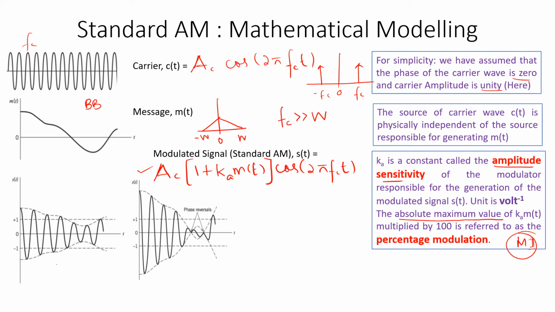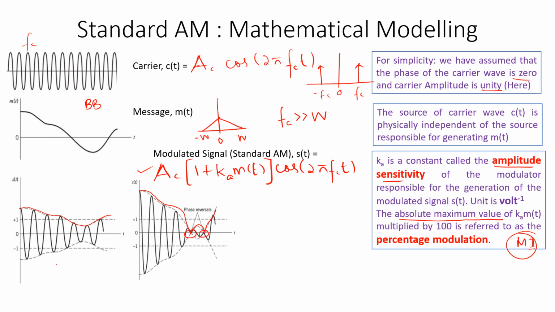In one case you can see the envelope is clearly defined and has a one-to-one correspondence with the message signal. It varies exactly according to the message signal. But in the other case the envelope is distorted. At this place there are phase reversals for the carrier, right?